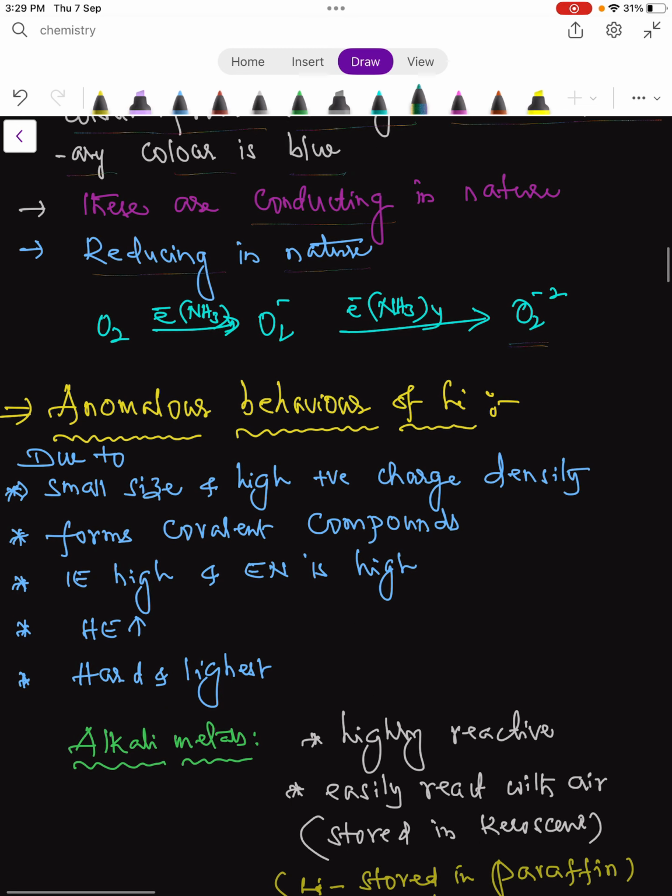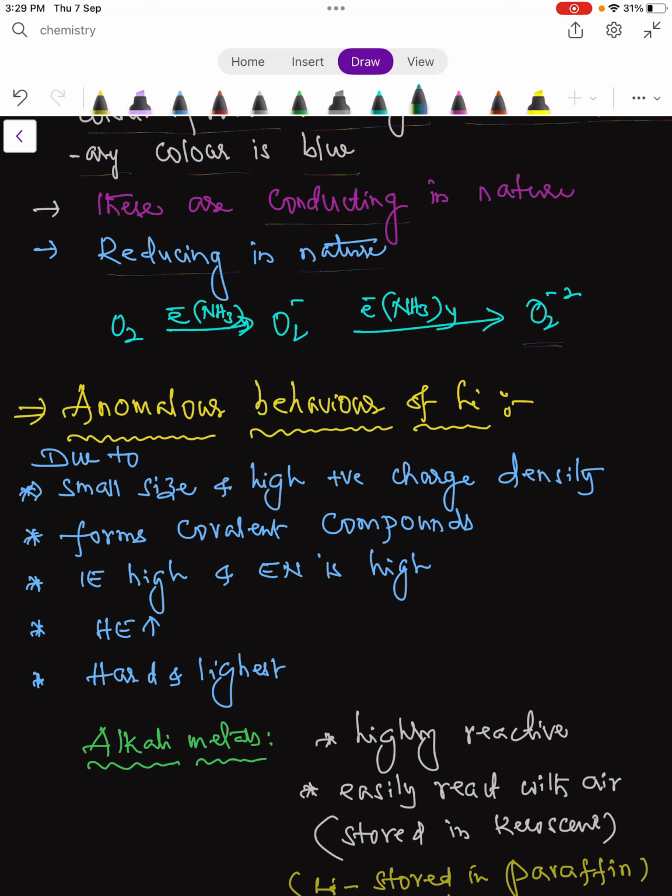Let us see the anomalous behavior of lithium. So lithium is behaving differently when you compare it with its group elements. This is due to small size and high positive charge density on lithium. So it has small size, and high charge density is there, that too positive charge density.